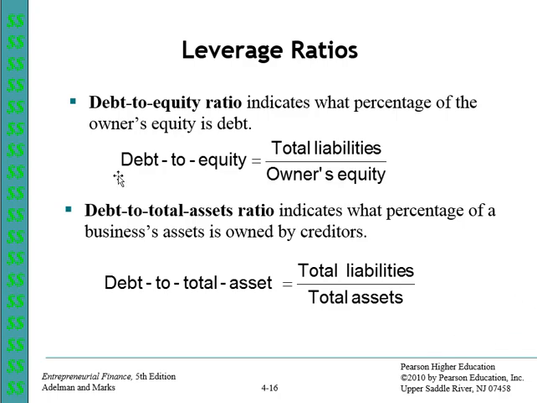For instance, this debt to equity ratio, frequently you may see it as being long-term debt to owner equity. So it doesn't incorporate the short-term kinds of financing that are more operational than financing.